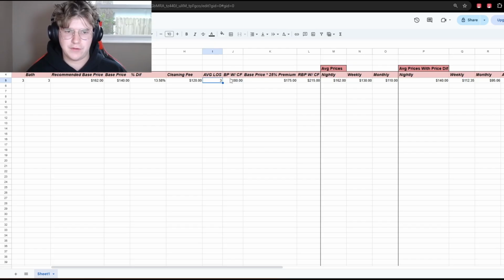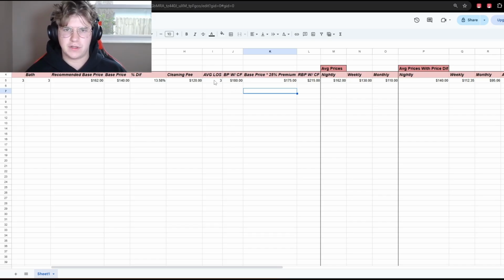BP with CF, so base price with cleaning fee. I just like to do this again, just to visualize things, just get a broader sense of what's going on when you're doing this pricing stuff. So again, I'm basically just taking 100%, plus H5 and I5. Okay, so when we're doing the base price with the cleaning fee, basically all I'm doing is taking the base price and then adding the cleaning fee divided by the average length of stay.